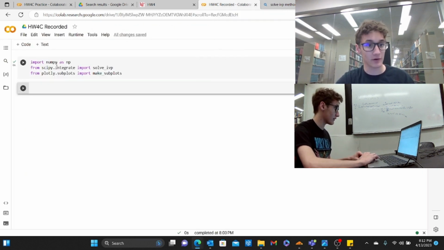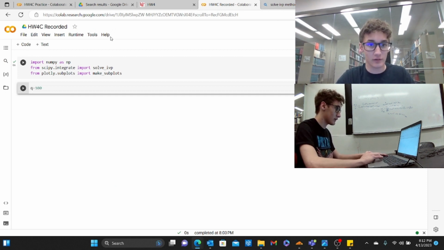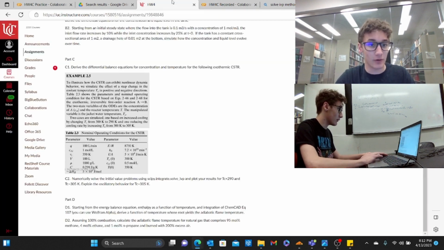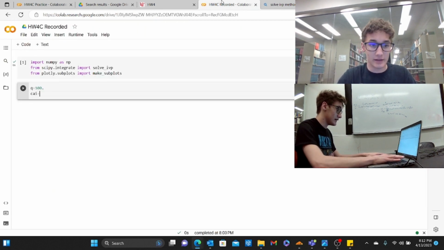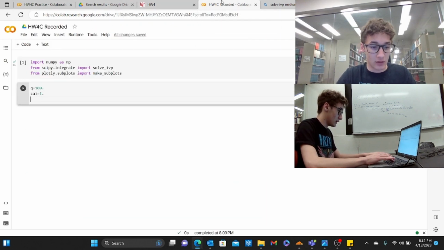So I imported our regular libraries. So we have Q equals 100. Yes, it's going to be a while. CAI equals 1. TI equals 350.